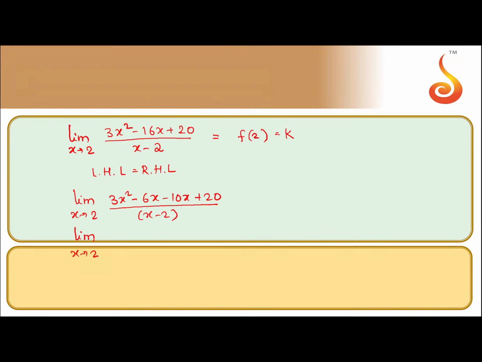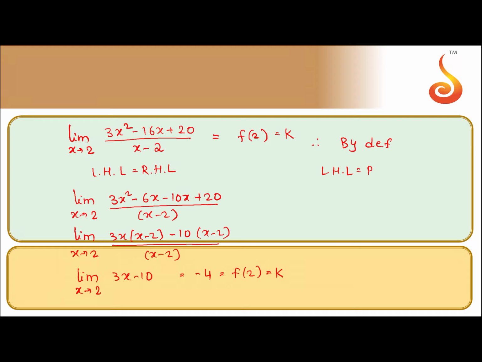Limit x tending to 2, 3x common (x − 2), minus 10 common (x − 2), whole divided by (x − 2). So finally we get limit x tending to 2, (3x − 10). If we put 2, 3 2s are 6 minus 10 is equal to f of 2, which is equal to k.